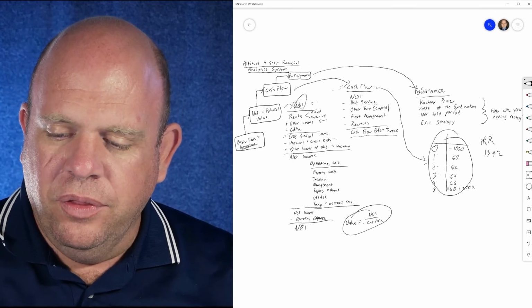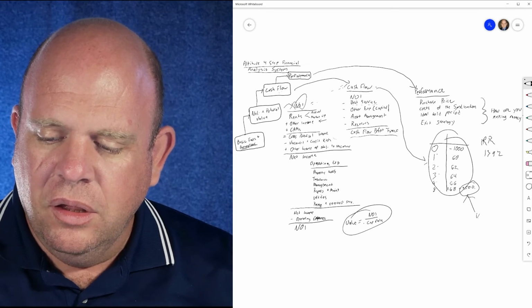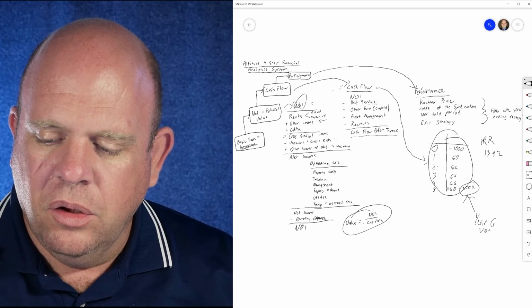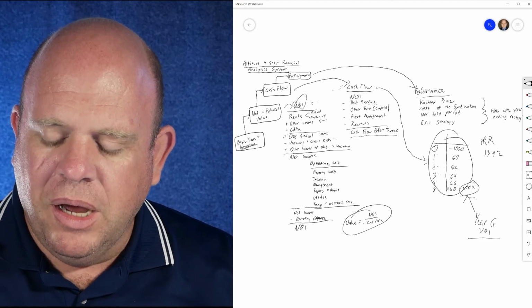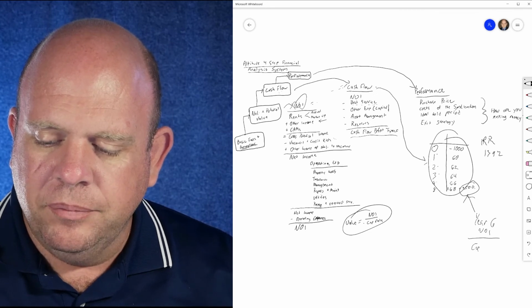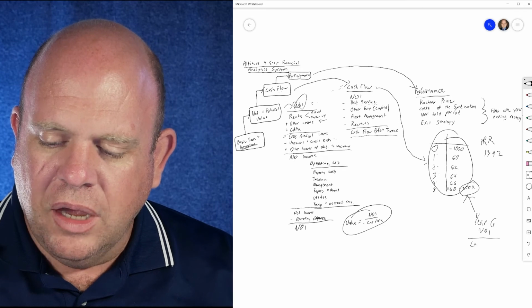So you can see it, that is year 6 NOI divided by the cap rate. Actually, let me make it extra clear: the exit cap rate.